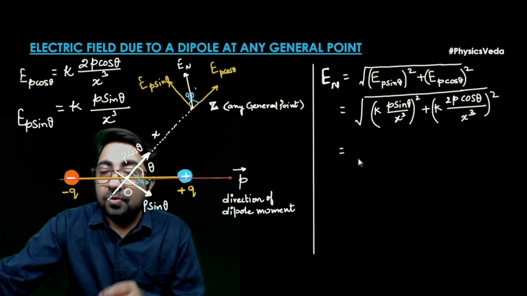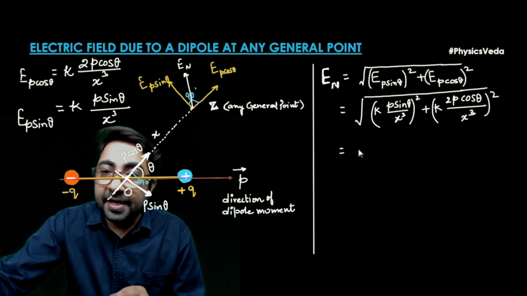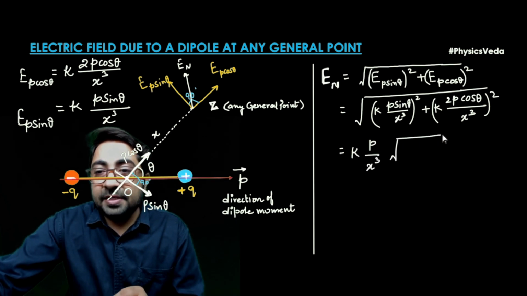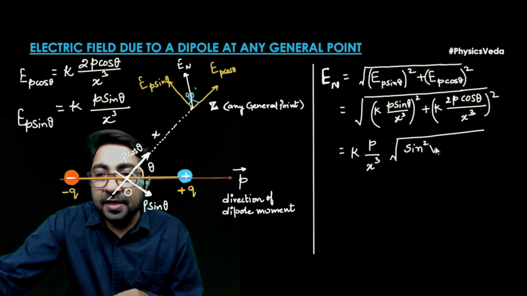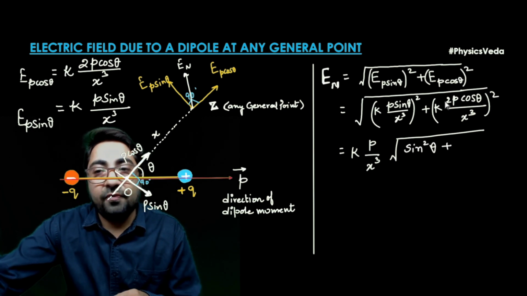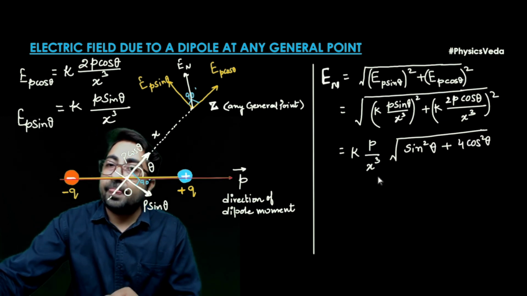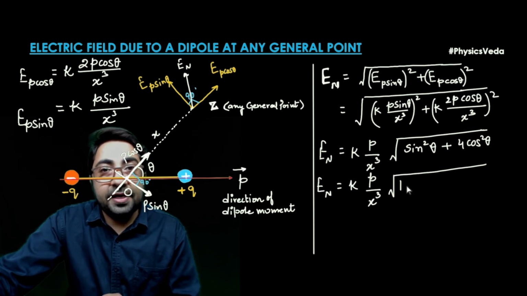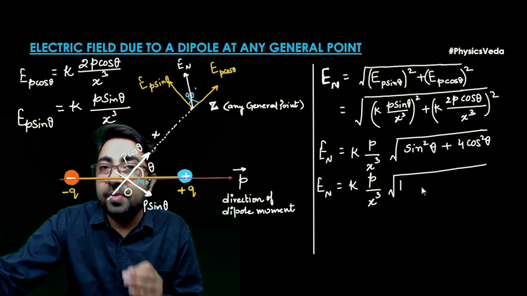So we can take some quantities common, and after simplification I can write here K P upon x cube, and inside the square root remains sine square theta plus the square of 2, which is 4 cos square theta. Again simplifying, sine square theta is equal to 1 minus cos square theta with the help of a trigonometric identity.